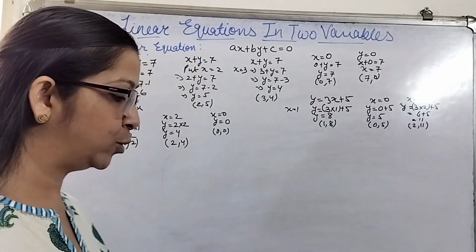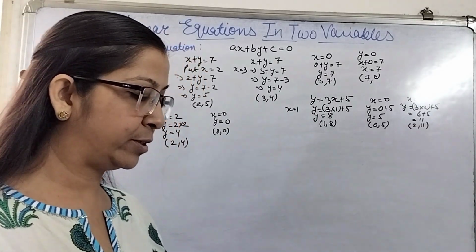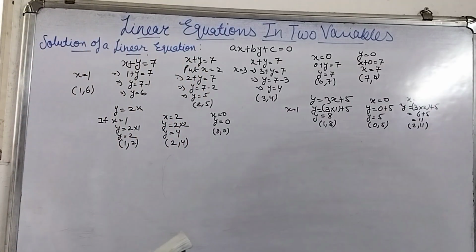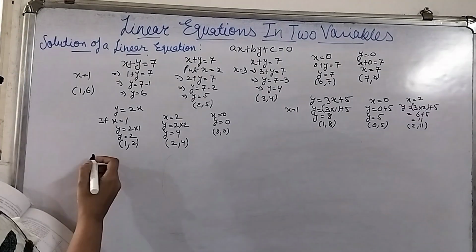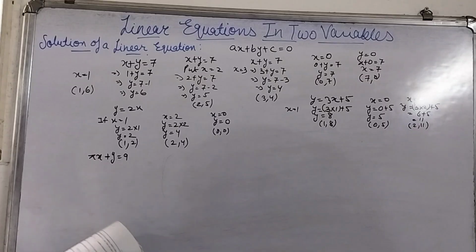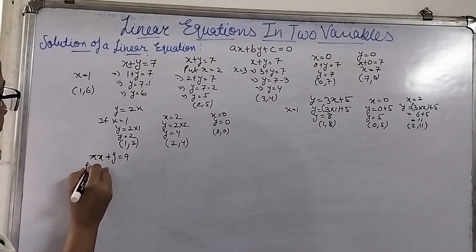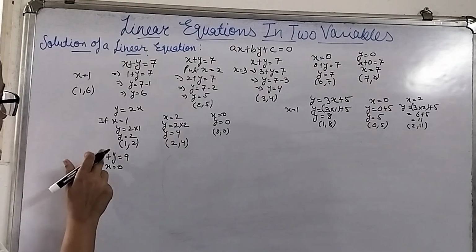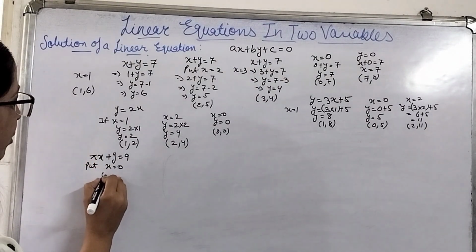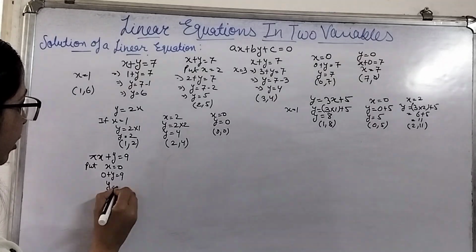Now question number 2: write 4 solutions for each of the following equations. I am taking the second equation, that is, pi x plus y equal to 9. If I keep x equal to 0, this part will become 0, so 0 plus y is equal to 9, or the value of y will be 9.